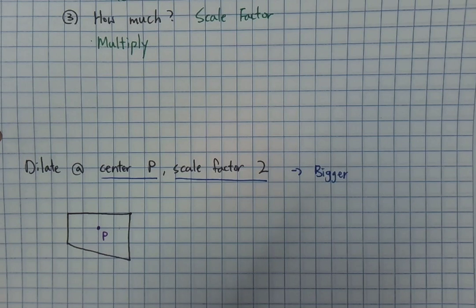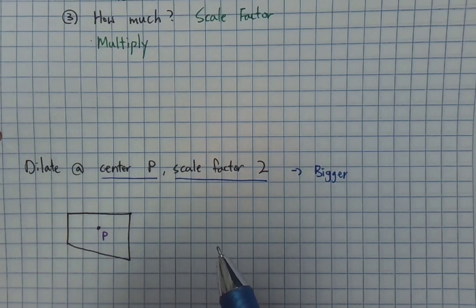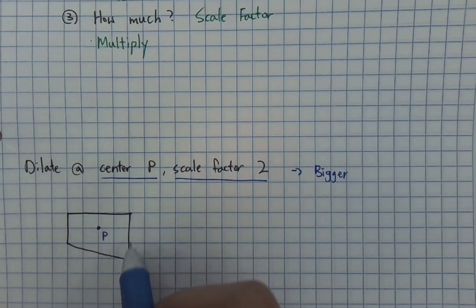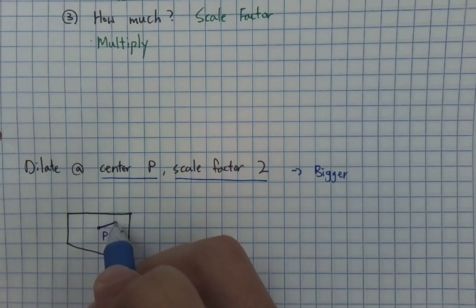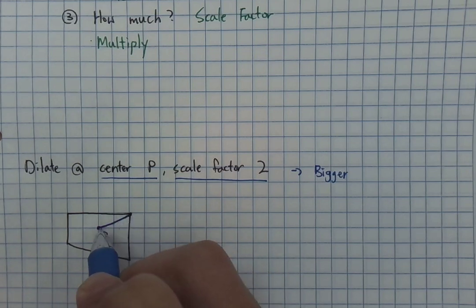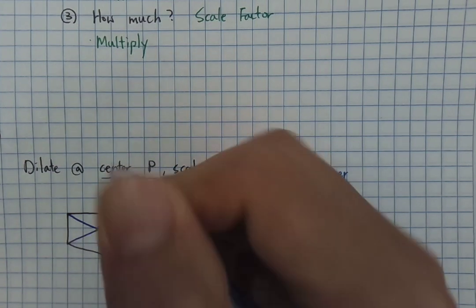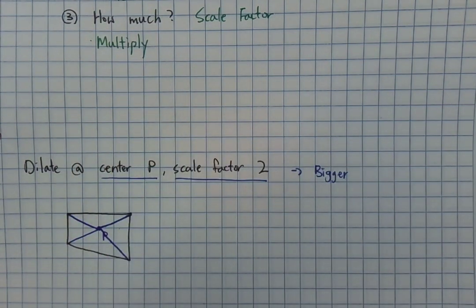Now to do the dilation, let's draw some guiding lines to help us out. We have a center at P, and we're going to draw guiding lines to each of the vertices of the shape. So from P, I'm going to connect a line segment over here, and connect right there. So we drew the line segment connecting the center and each vertex.